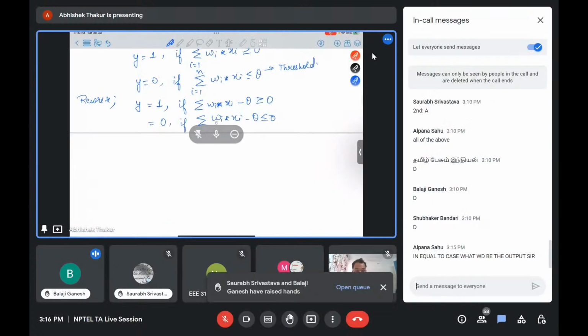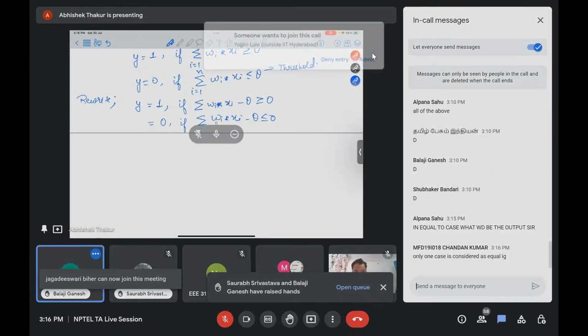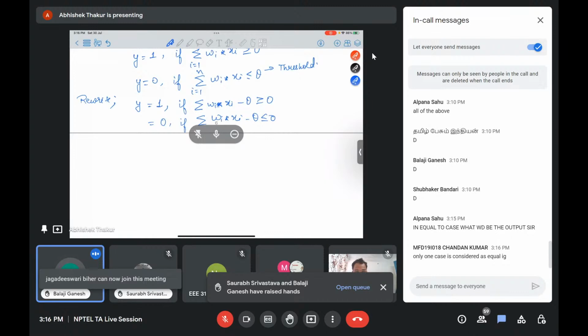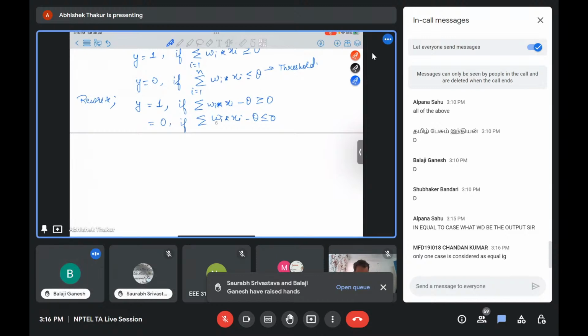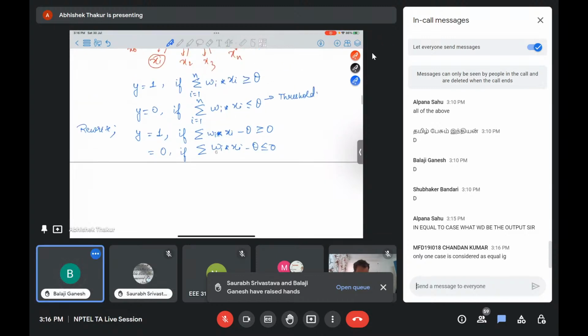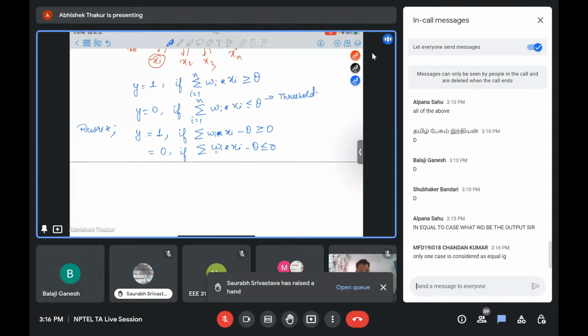Sorry for the interruption. This is one small confusion: greater than or equal to, or less than or equal to, in both 1 and 0. If the threshold is greater than or equal to 0, then Y will be 1; if it is less than theta, Y is equal to 0. Yes, but I'm just rewriting the equation.